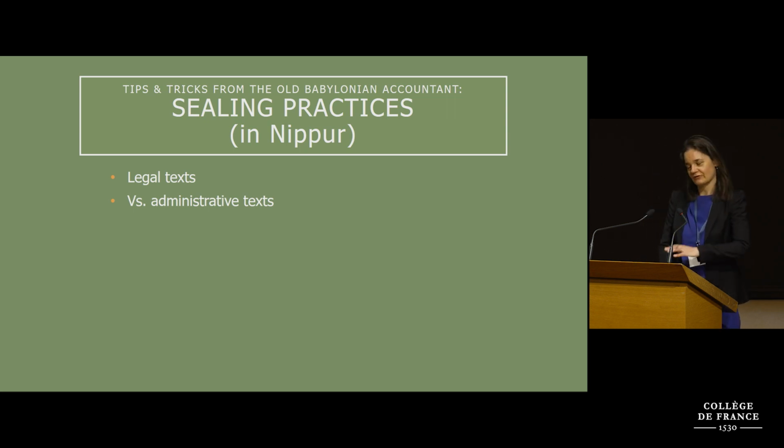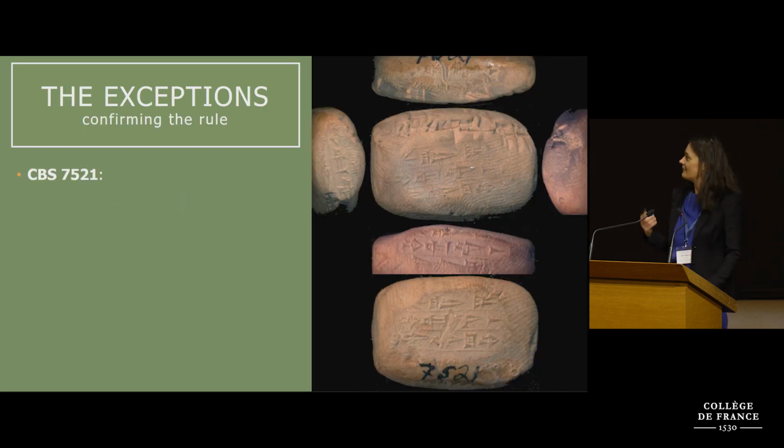But then, of course, I've been talking about how this archive is very systematic, not only in writing things down, but in shaping the tablets before writing on them. And maybe it's not that systematic, because of this tablet.